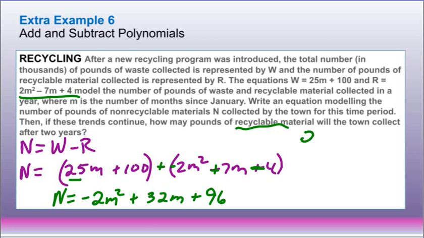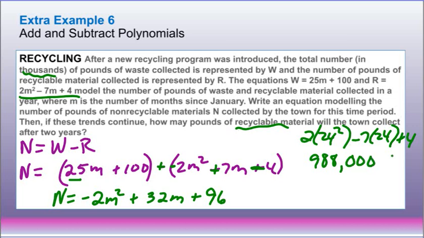So I'm going to have 2 times 24 squared minus 7 times 24 plus 4. When I put that in my calculator, I end up getting 988. Now remember, this is in thousands, so this is 988,000 pounds of recyclables.